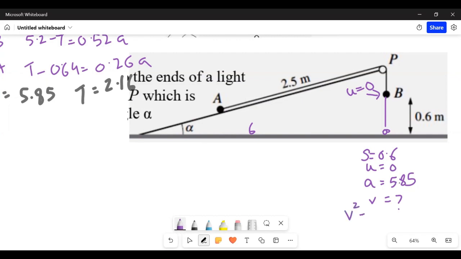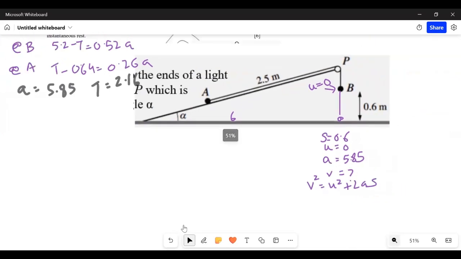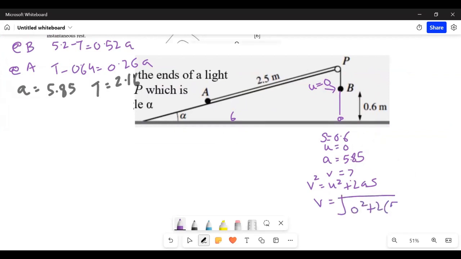V squared equals U squared plus 2AS. V equals the square root of 0 squared plus 2 times 5.85 times 0.6, which gives 2.6486.